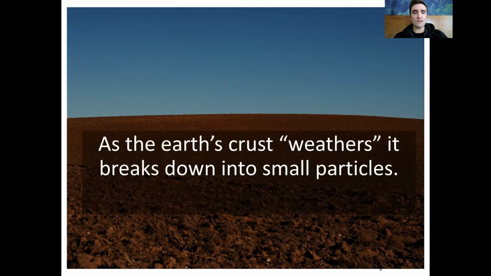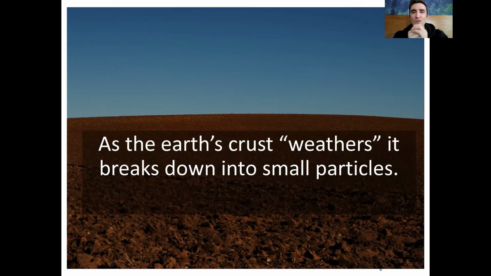So as the Earth's crust weathers, that's the term, the crust weathers, it breaks down into small particles. And weathering is that process. And so the weather, the rain, the snow, the heat, the wind is part of the process that breaks down rocks into smaller rocks.